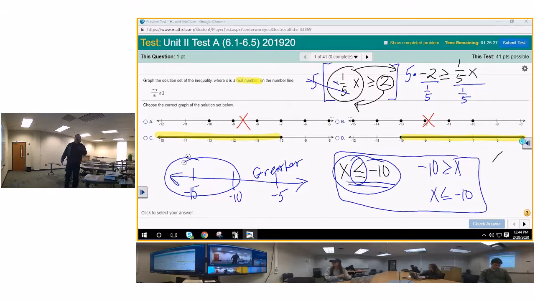You've got to realize, and a lot of people already know this, that negative 5 is greater than negative 10. But there's a few people out there that think that negative 15 is greater, and it's not. So whenever you're dealing with negatives, you have to make sure you understand which side is greater, because some people would pick D instead of C. The answer is C.